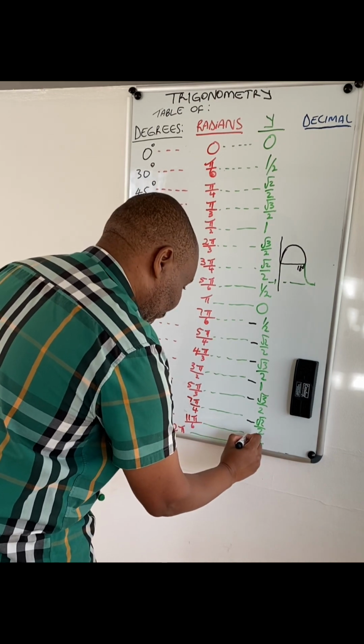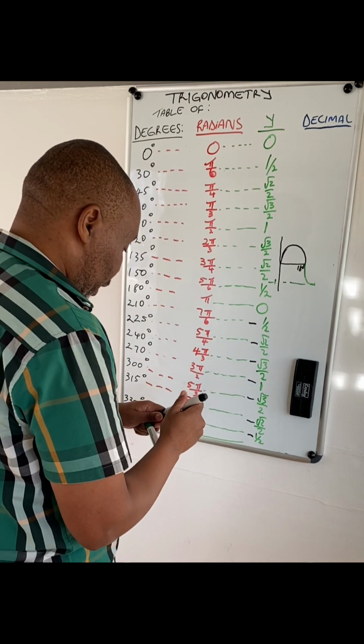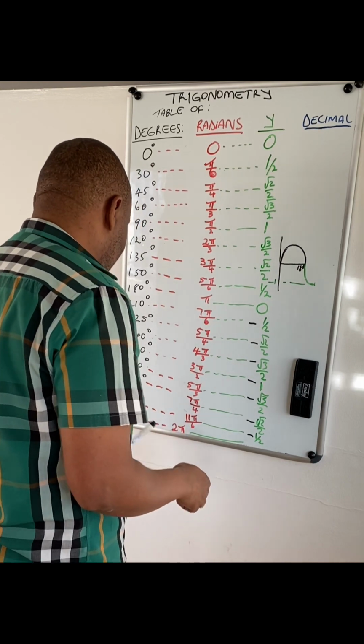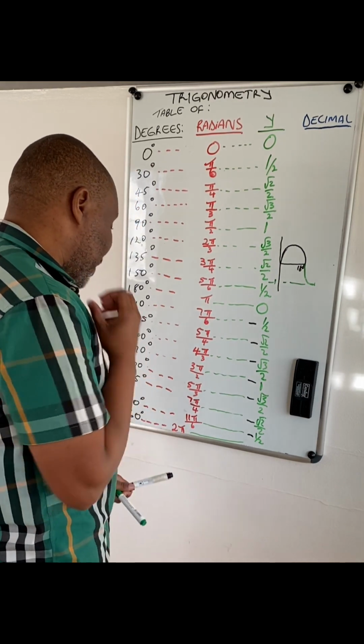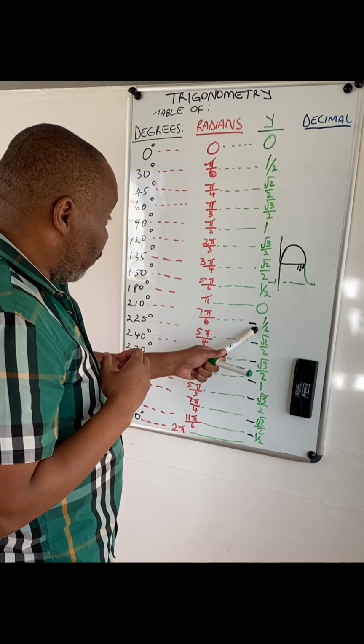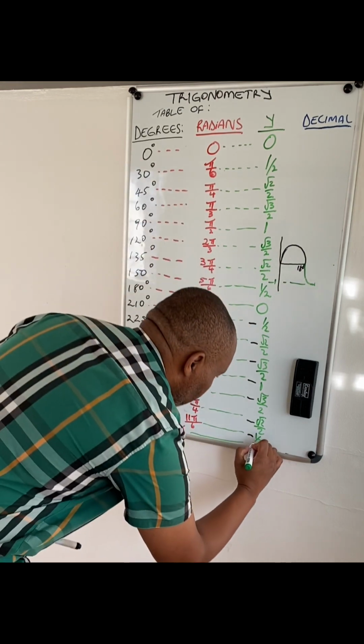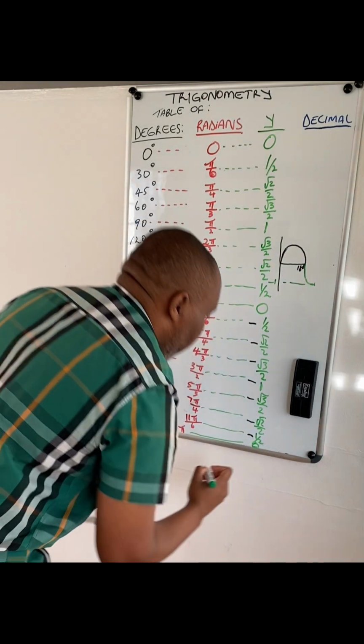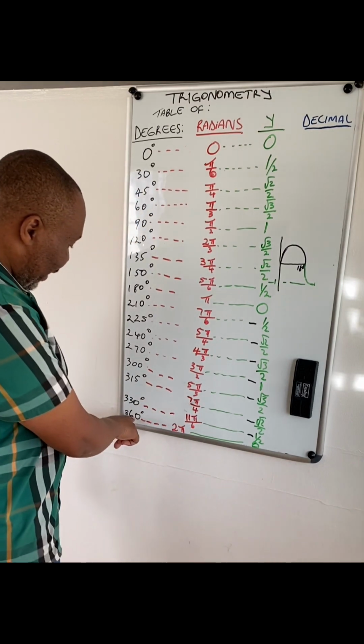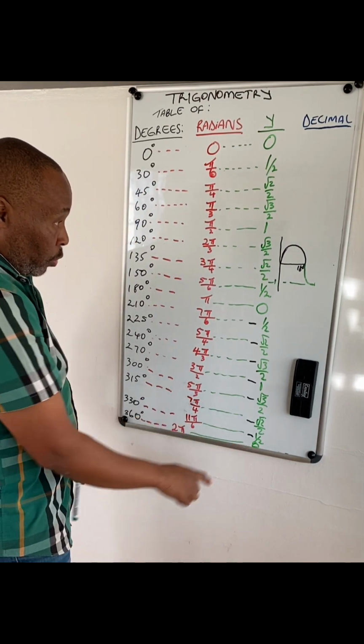And at 360 it goes back from negative half to 0. This is 0 here at the bottom, and right at 360 it goes back to 0.